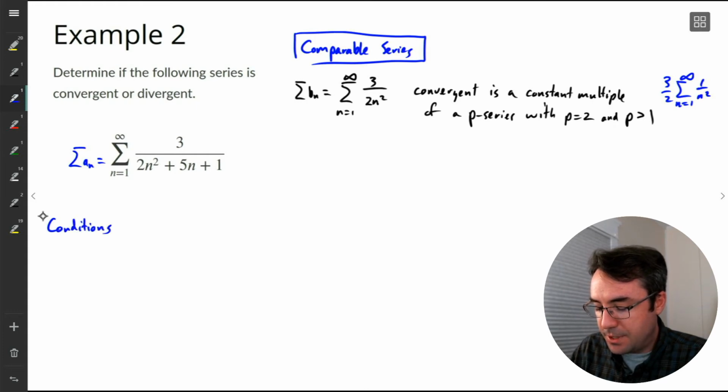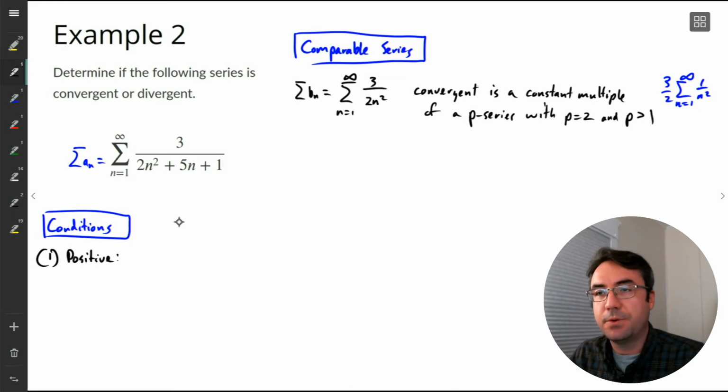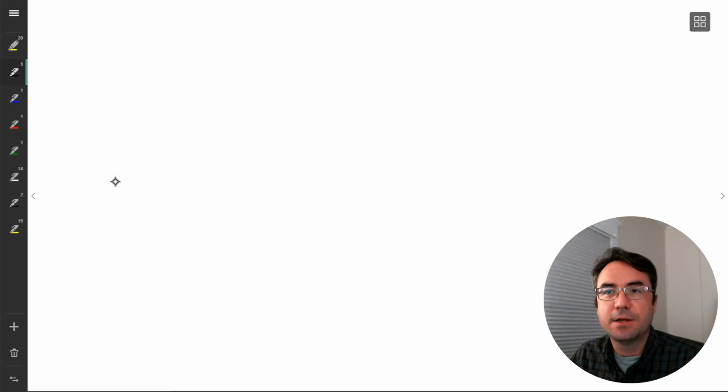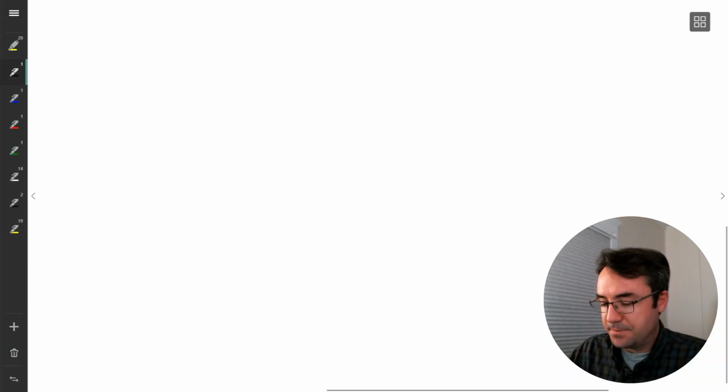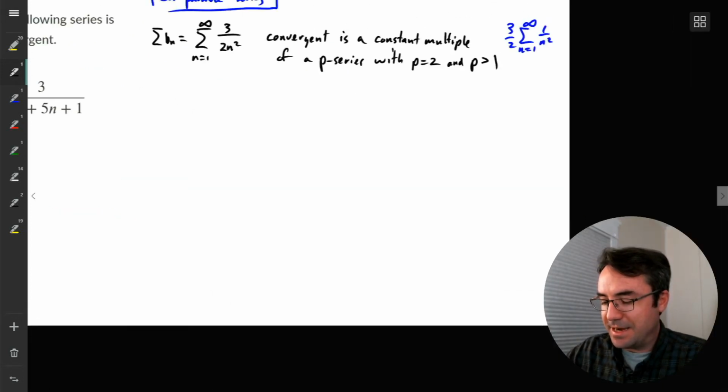And there are 2 conditions. Everything needs to be positive. So we want to go through and check this with the understanding that n is greater than or equal to 1. That's where our series is really starting, at n equals 1.